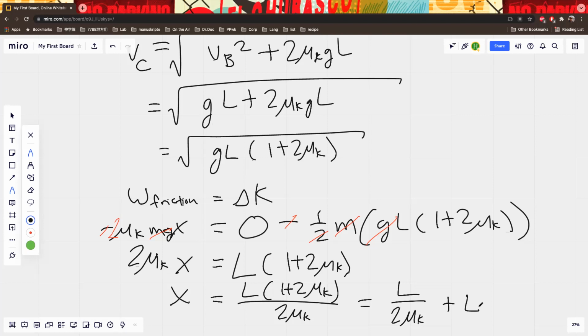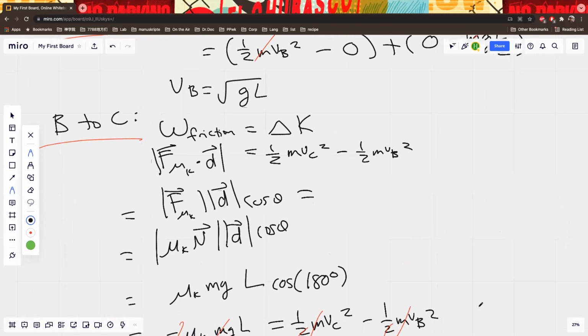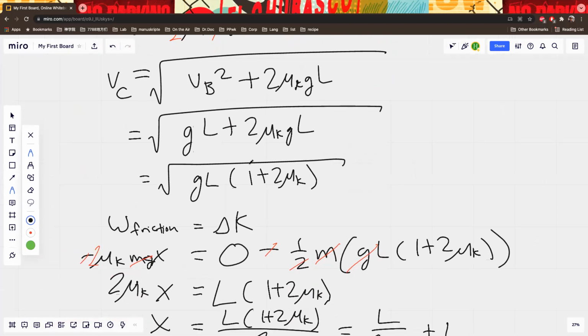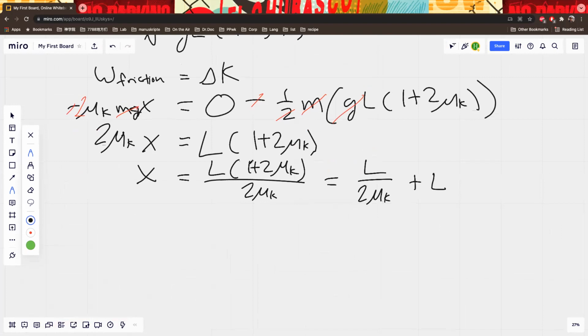X is the distance from the spring to the stopping point, but we need the distance from point B to the stopping point. So we'd have D equals L minus X, which equals L minus all this stuff, which is just going to be L over 2 mu k.